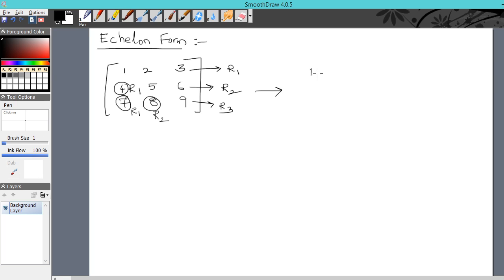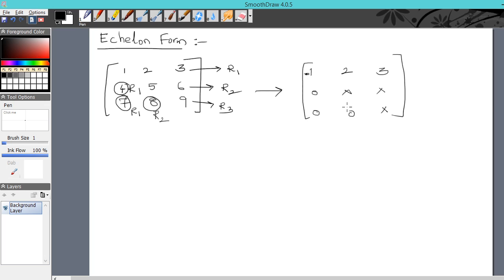Something, 1 2 3, something like this you will get. Here you will get 0, here 0, here 0, and here some element, some x element, here also some x element. After this 0, now check what is the rank.